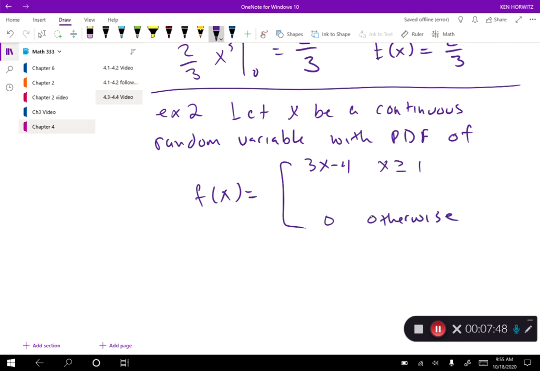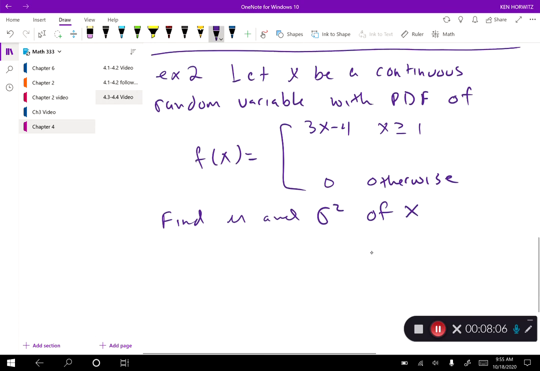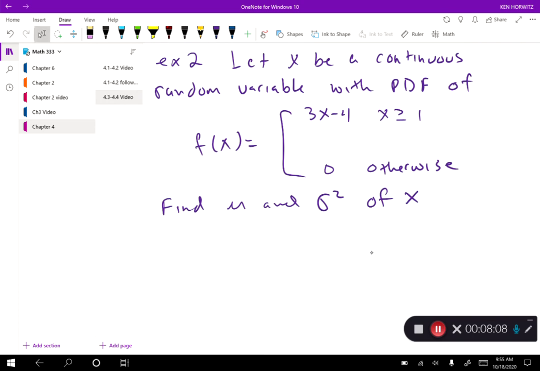All right, so how are we going to tackle this one? Well, first I got to tell you what we're finding. We're going to find mu and our variance of x. Let's scroll up a little bit, try to keep the problem there as long as possible.